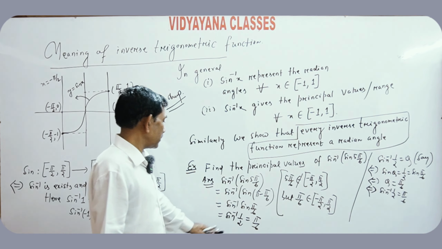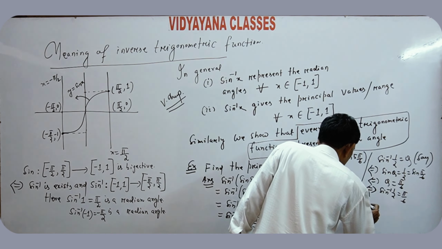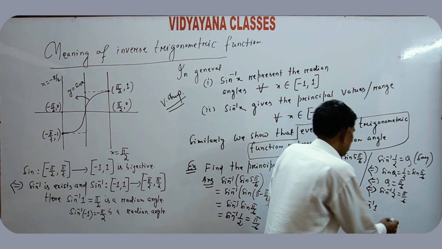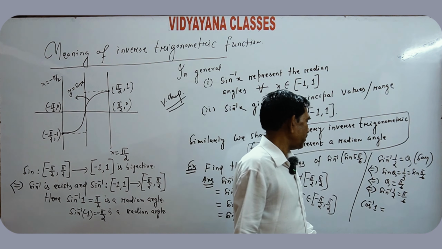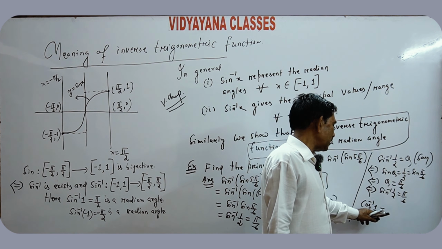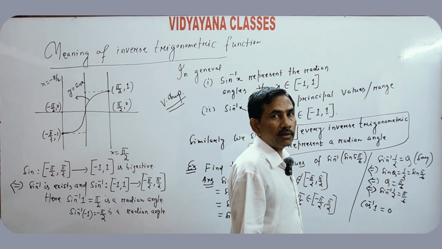Clear? What is the meaning? Similarly, we can write cos inverse 1. What is the value of this? Directly we can find out. Cos of which angle gives 1, that is 0.